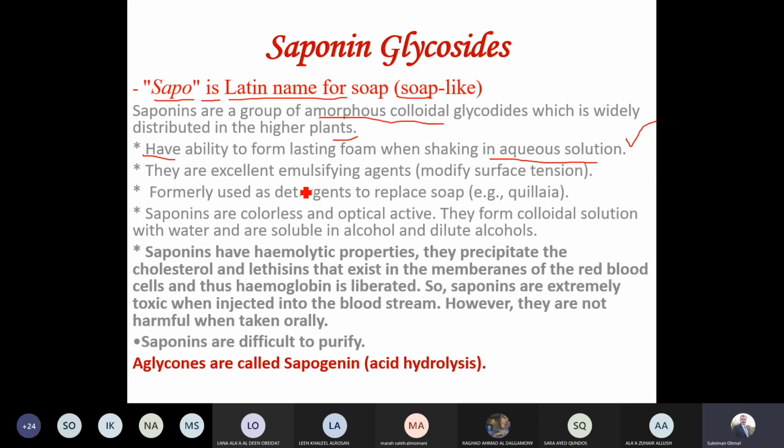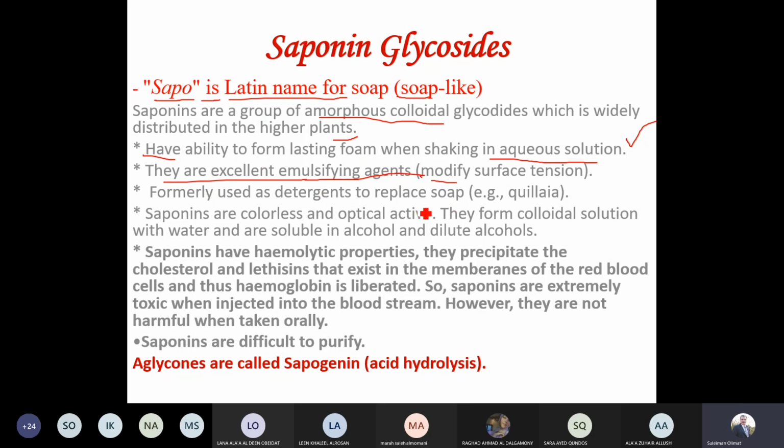If not, then no. Again, they are excellent emulsifying agents, and we know they modify surface tension. For this reason, a lot of soaps are used in cleaning, whether cleaning our bodies, our faces, clothes, or whatever. So why do we employ them?